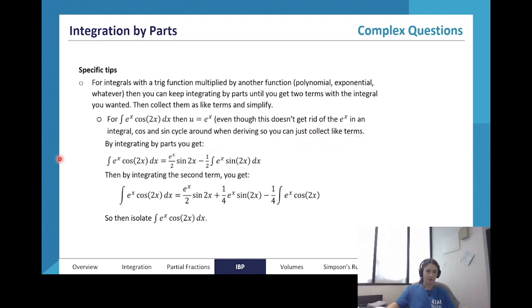So applying this down here, the integral of e to the x cos 2x, what we have up here, if we let u equal e to the x, we are going to have u, which is e to the x, multiplied by v, take u dash v, and then by integrating this second term here, we're going to have a product of e to the x and cos 2x again.